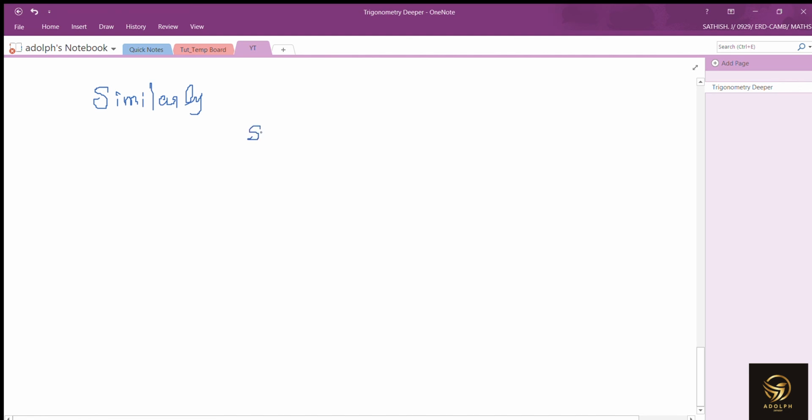We can take sine 210. So simply we can write sine 210 as sine 180 plus 30. So you might think, why is 30 always coming? Just for easy understanding I have taken it; it can be any angle. Or else the second format I can take is sine 270 minus 60.